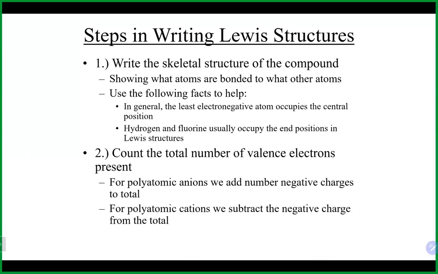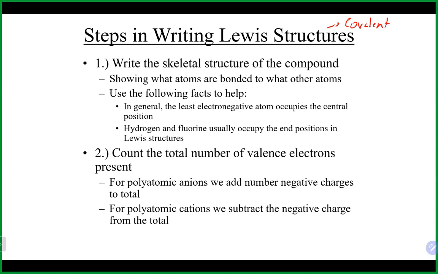Really, these are the steps that you should follow to draw Lewis structures for covalent bonding or molecular compounds where we're sharing electrons. When you draw your Lewis structures, I would highly recommend that you follow these steps, because they should lead you to a proper picture when it's all said and done.